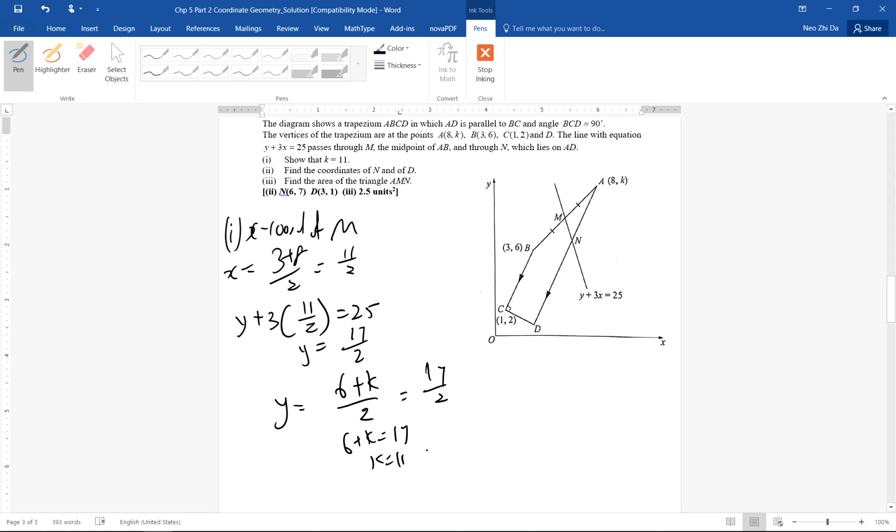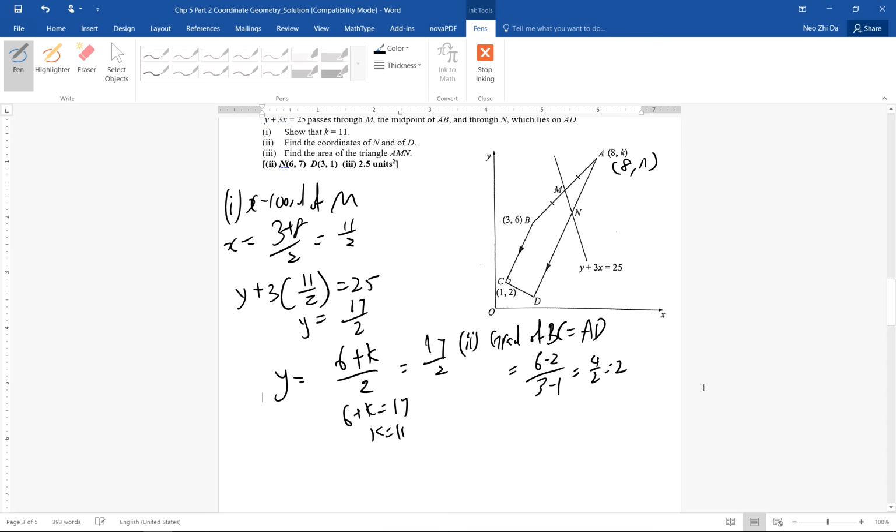Alright, how to find the N coordinate? Part 2, I'm going to form the equation of AD. So, first and foremost, I know that the gradient of BC is the same as AD. 6 minus 2 over 3 minus 1, so it's 4 over 2, gradient is 2. Equation of AD: y minus 11 over x minus 8 equals 2.